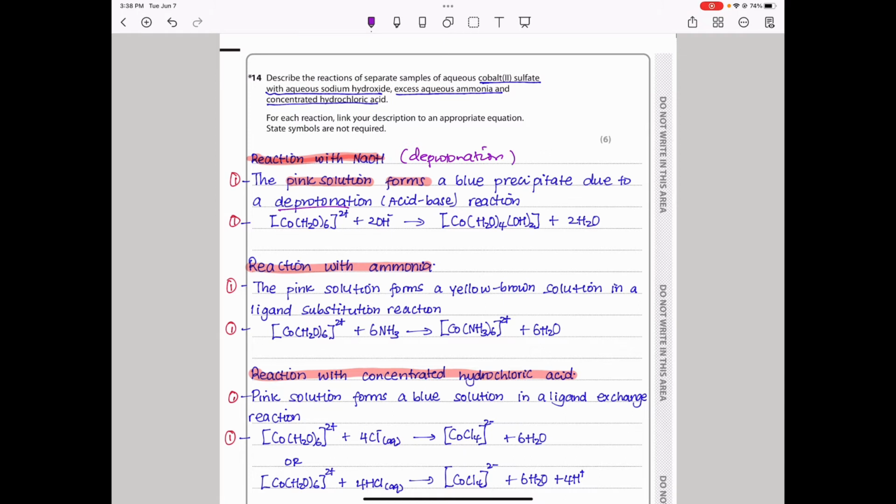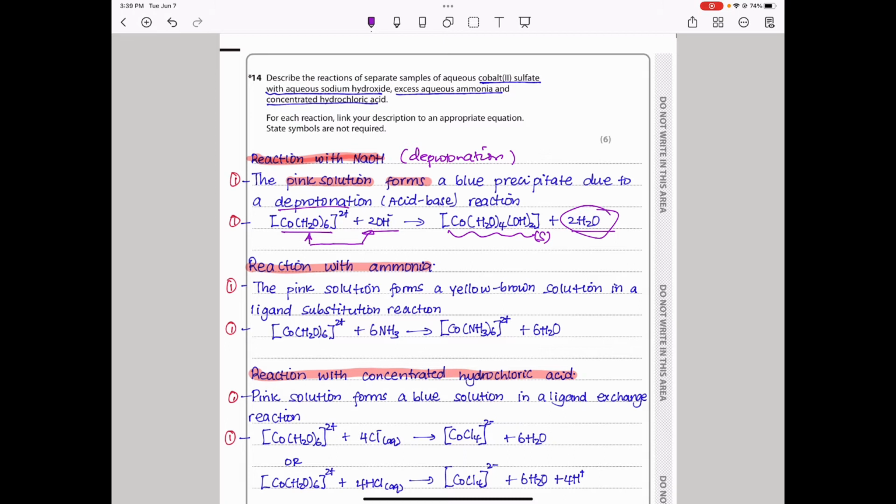A reaction of this complex with sodium hydroxide forms a solid, which is a precipitate, and water is going to be produced. This is because 2 water molecules here each lose a hydrogen that binds onto here and forms the water. So here you had to describe the changes in color that occur and then write an equation for the reaction to get 2 marks for this.